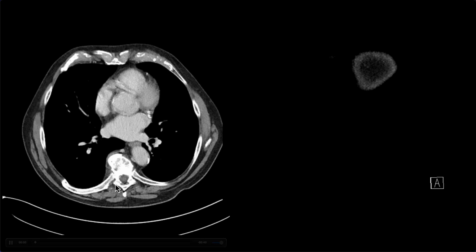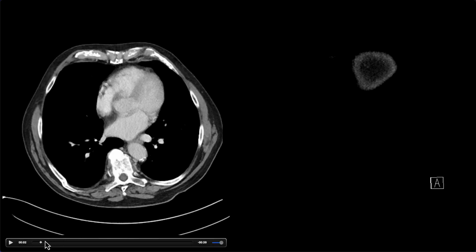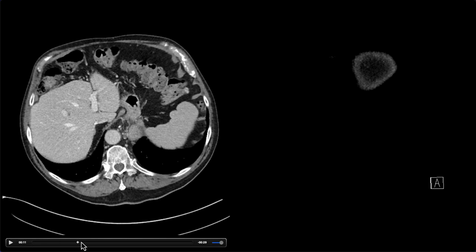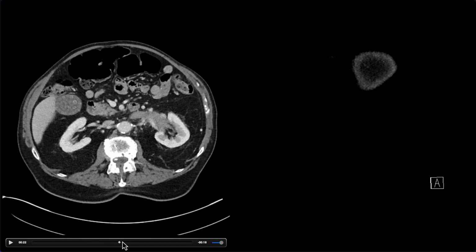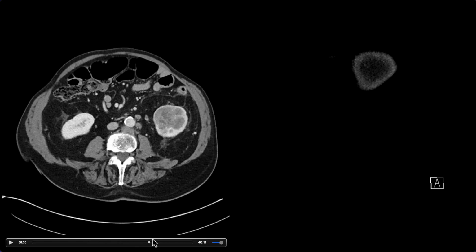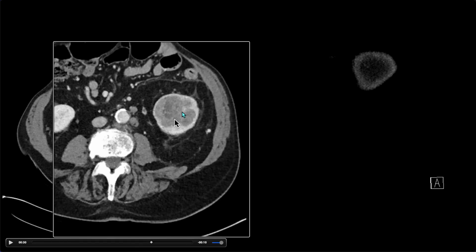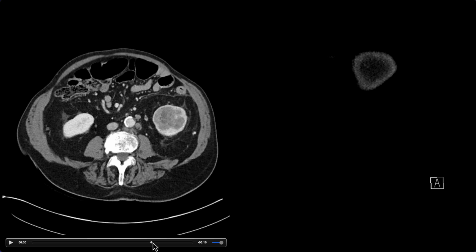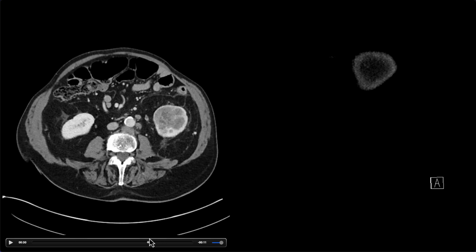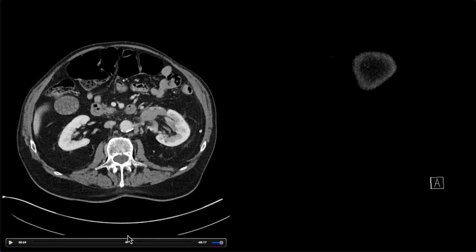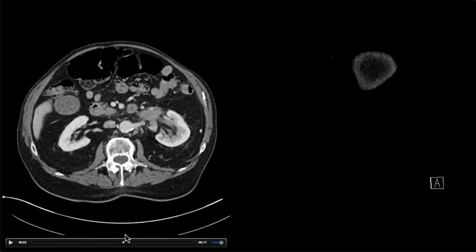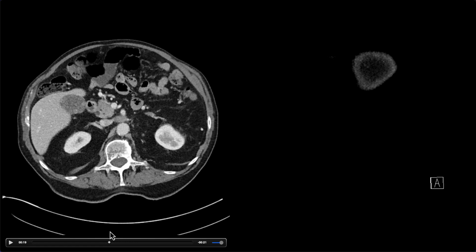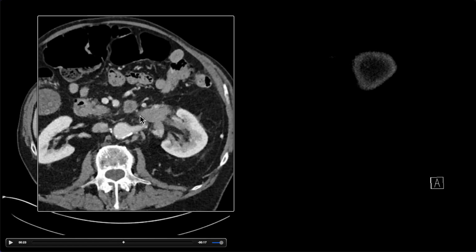Okay, so for this case, we have another variation of renal cell carcinoma with tumor thrombus. However, we're breaking the rules a little bit because the primary tumor is rather infiltrative appearing and doesn't really have that discrete mass that I talked about earlier. But we do have a common feature of infiltrative renal cell carcinoma, which is this tumor thrombus.